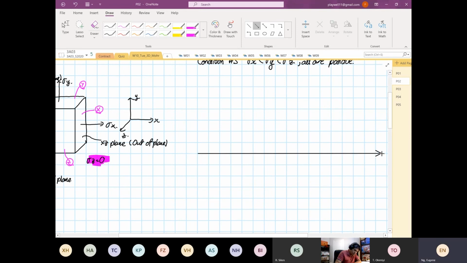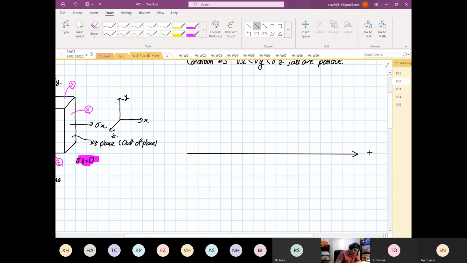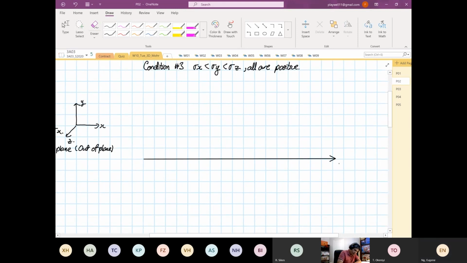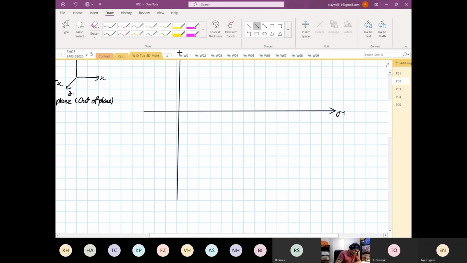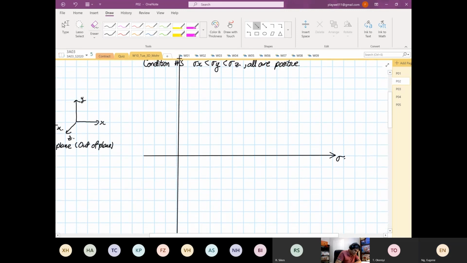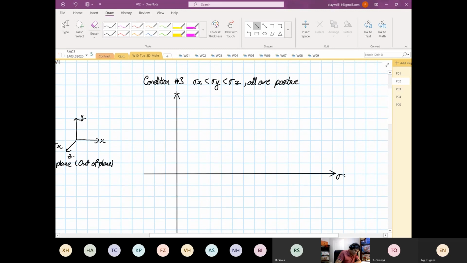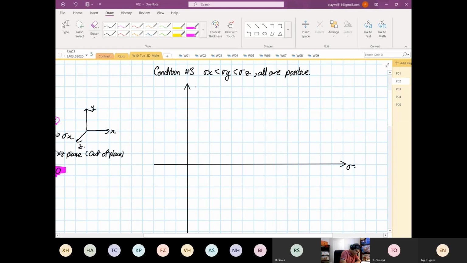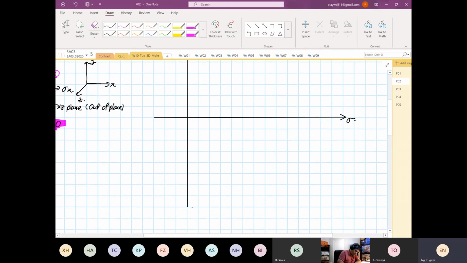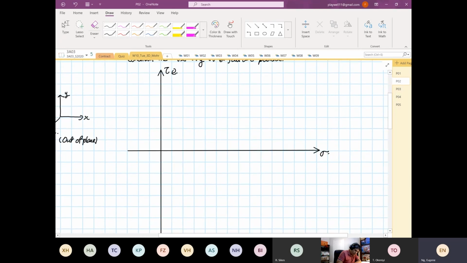So this is your normal stress. Okay, normal stress. And then we have our shearing stress. All right. Shear element clockwise, element go anti-clockwise.